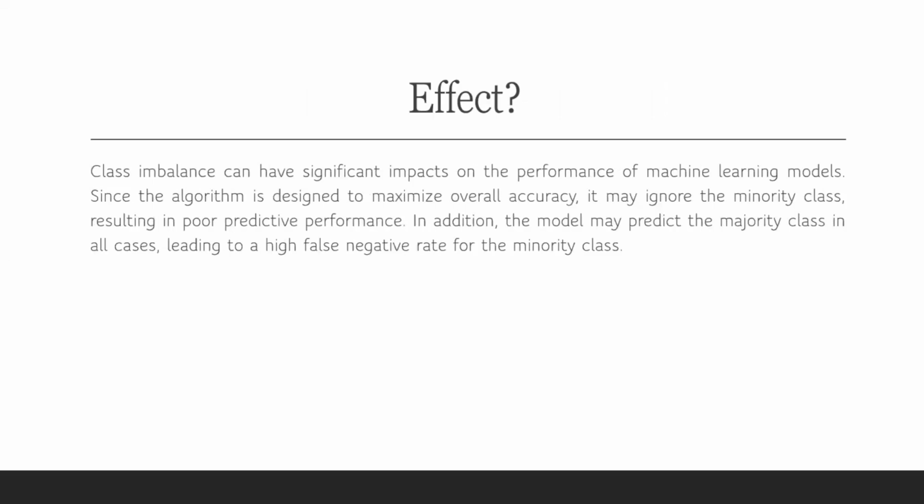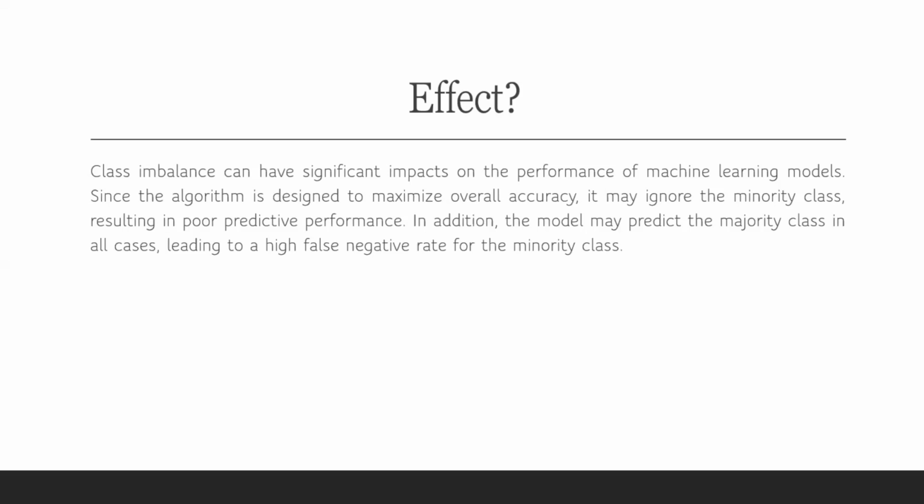Now you might be wondering what effect it has. Class imbalance can have significant impacts on the performance of machine learning models. Since the algorithm is designed to maximize overall accuracy, it may ignore the minority class, resulting in poor predictive performance.